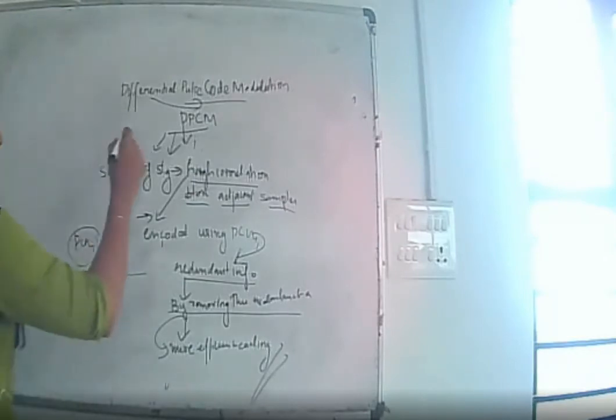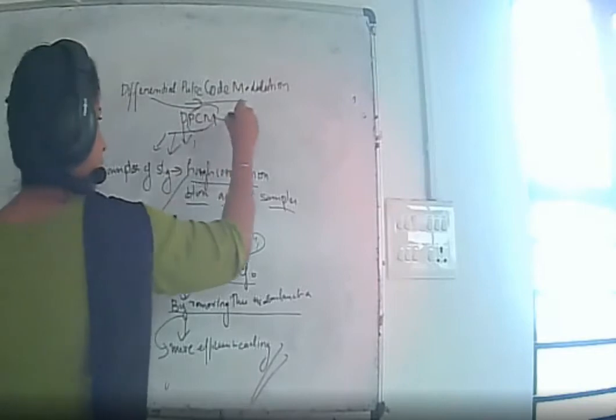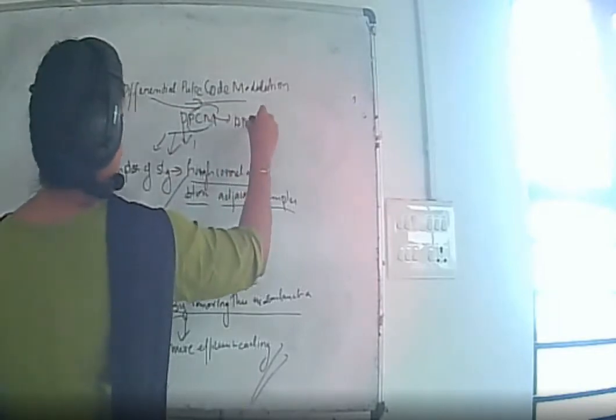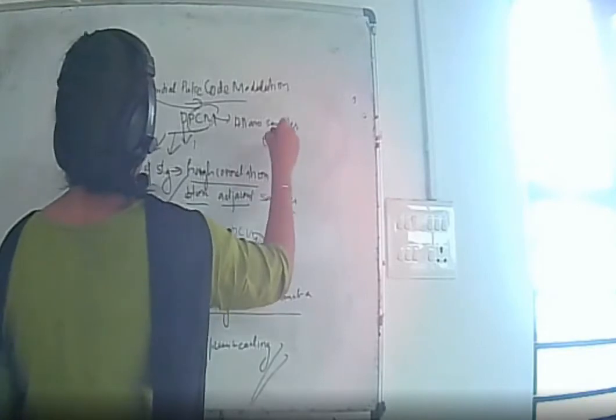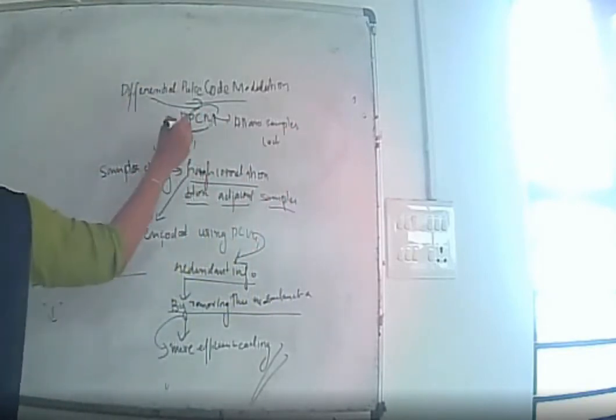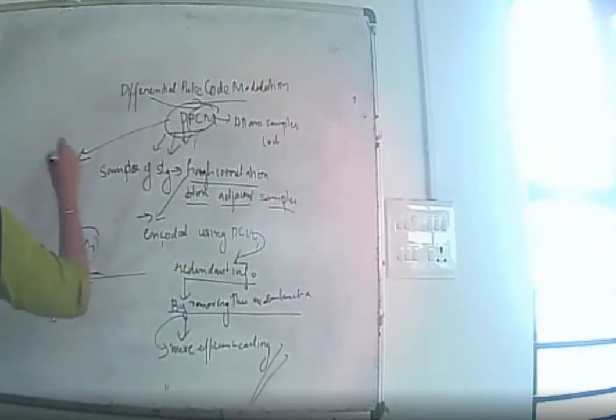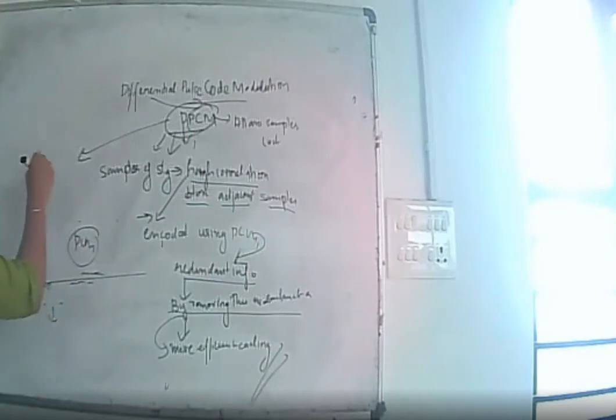So the main difference is that in PCM all the samples are coded, and in DPCM the differences of samples are coded.